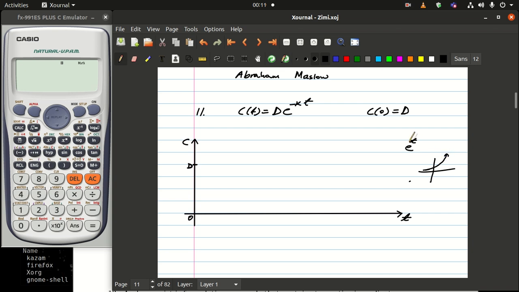The next thing that you do, once you are placing a K there, all you are doing is stretching this curve horizontally, so you still get something of this type. So even if we're having a K there, as long as this K is positive, when you are having e raised to minus KT, having this minus here is a reflection about the y-axis. So the graph is supposed to look something like this when you are having a minus there.